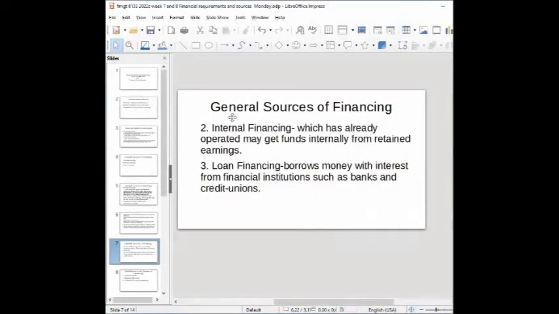Another source of financing, in general terms, is internal financing, where a business that is already operating may get funds internally from retained earnings. Retained earnings is an account maintained by a corporation type of business.